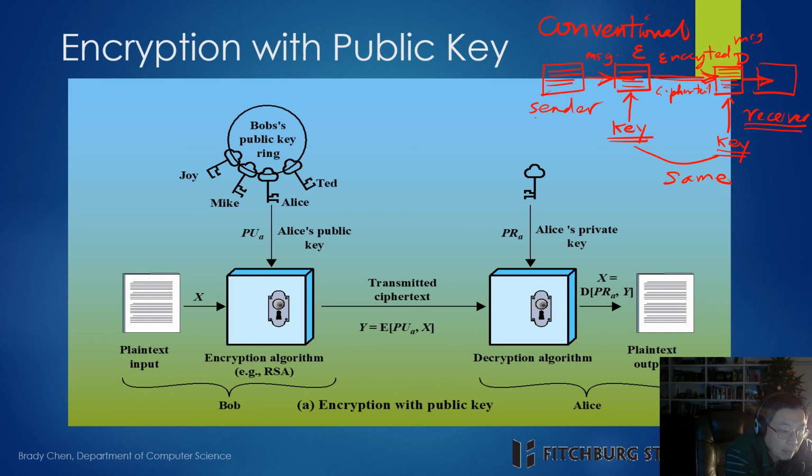Now, in this module, when we apply number theory, we are going to use encryption with a public key. That means typically the sender and the receiver are going to use different keys. In fact, each user is going to generate a pair of keys. One is called the public key.